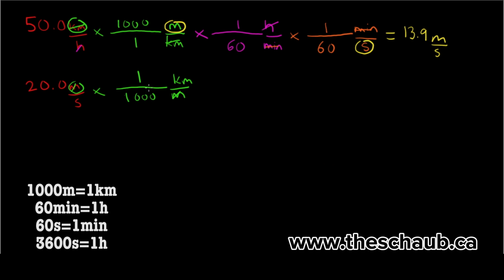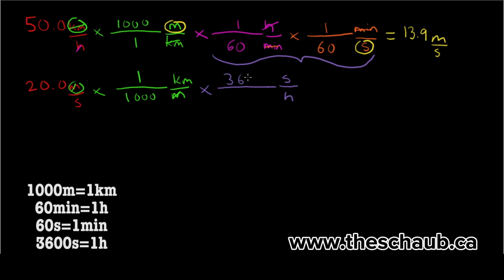Now, next we're going to deal with the time, but we're going to deal with it a little bit differently than last time. Last time we went from hours to minutes, and then we went from minutes to seconds. However, we can just go directly from hours to seconds. We use a conversion factor with seconds on top, so it cancels out with our seconds on the bottom, and we want to go directly to hours.